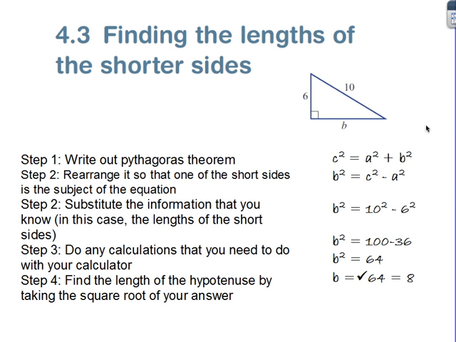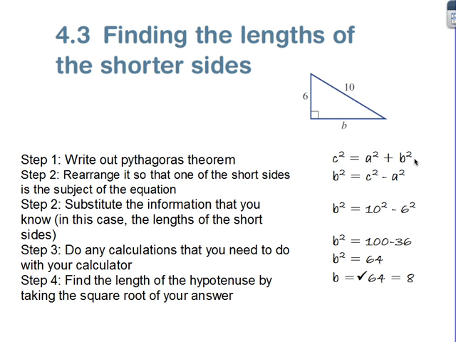The second step is I'm going to write this Pythagoras' theorem in a rearranged way. In this case, I'm going to write it as b squared equals c squared minus a squared, because that's going to help me find b, which is what I'm looking for here. So b squared is equal to c squared minus a squared.